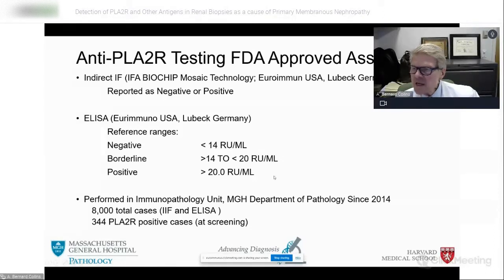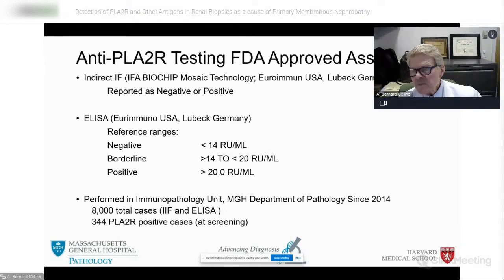So since the inception of the assay at our institution, which you heard we were the first to offer in the United States, we have analyzed approximately 8,000 cases using this assay. And we have determined 344 positive PLA2R cases. Well, you might ask me, that seems to be a lower percentage than what is thought to be related to PLA2R membranous.